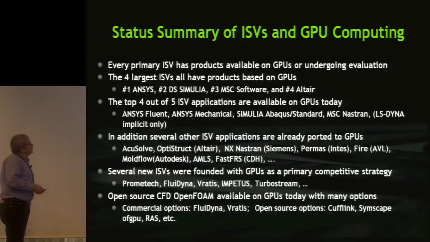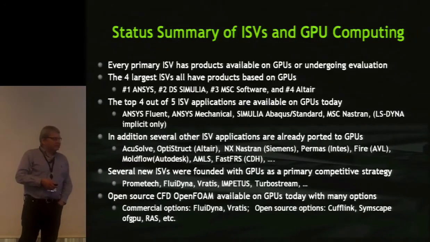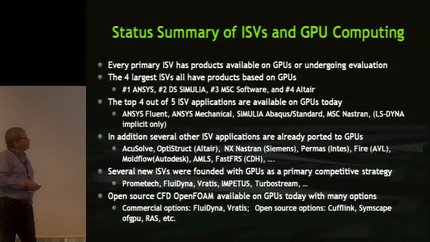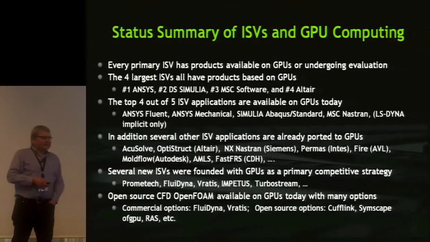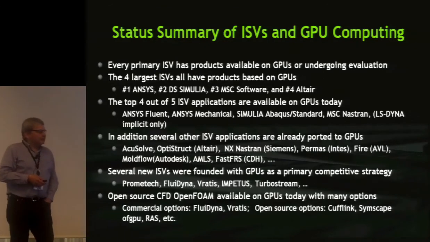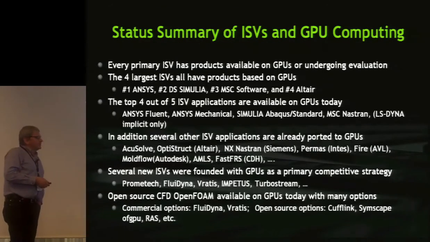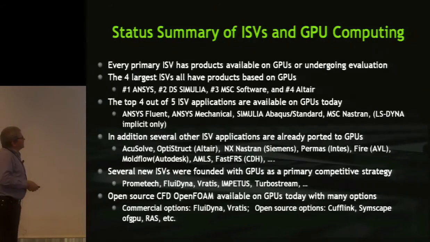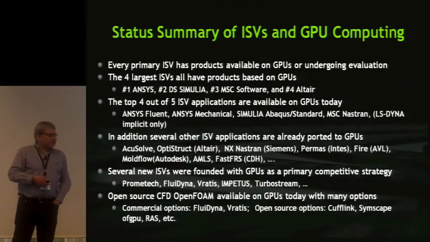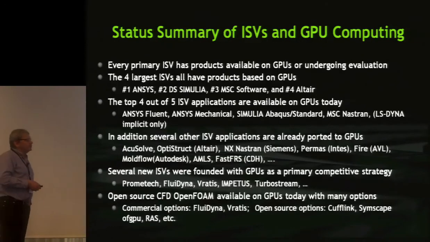The most successful applications, 4 out of 5 ISV applications, are available on GPUs today, which is ANSYS Fluent, ANSYS Mechanical, SIMULIA Abaqus Standard, and also MSC Nastran. For LS-DYNA, at the moment, only the implicit solver is implemented on GPU.